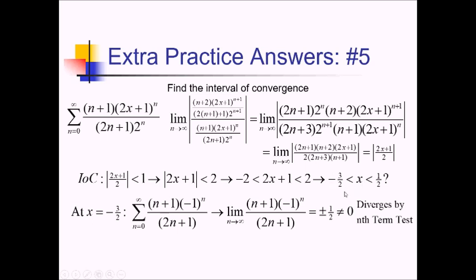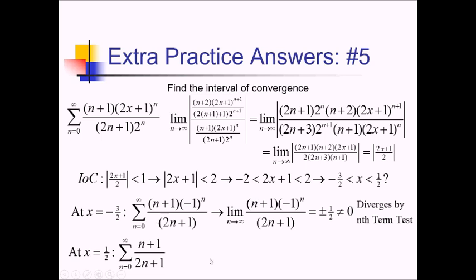Now let's test out the endpoint x equals 1 half. So if we plug in 1 half to the original series, 2 times a half is just going to be 1. 1 plus 1 is 2. And we have basically 2 to the n over 2 to the n, which just cancels out. So with 1 half for an x value, this series can just be written as n plus 1 over 2n plus 1.